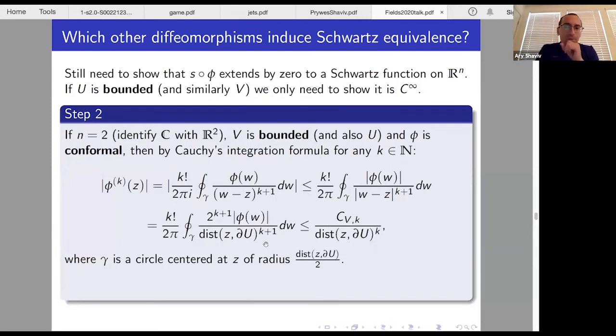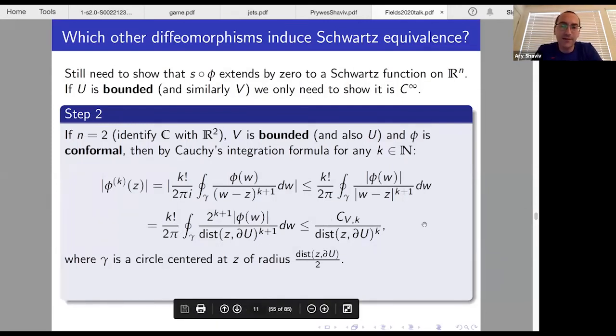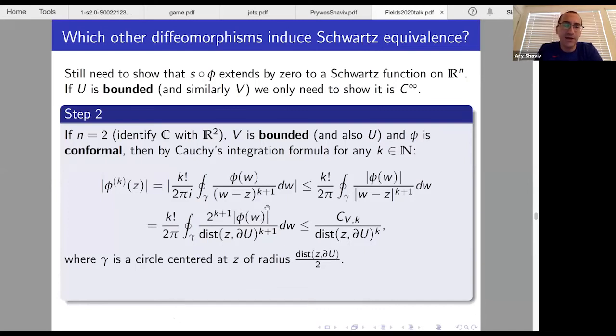And the last bound follows from the fact that V is bounded, right? So if V is bounded and phi is a map that maps U onto V, then this phi of W is bounded by something, by the diameter of V. Well, if it contains 0. But it's bounded by something.